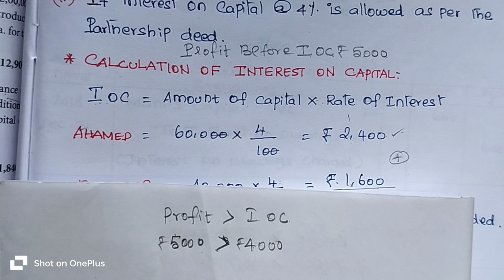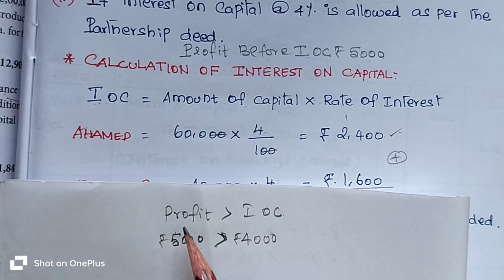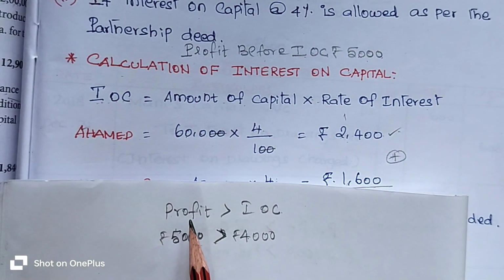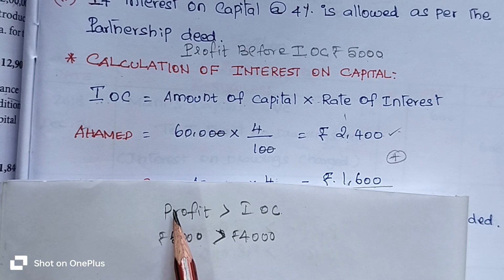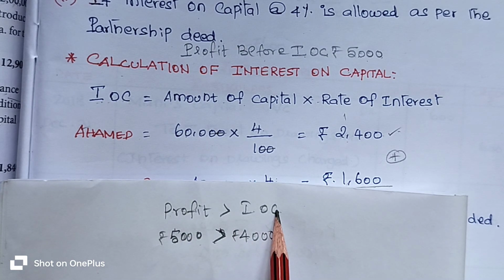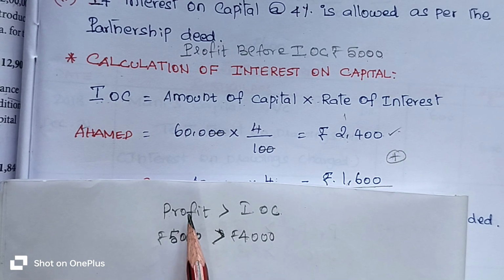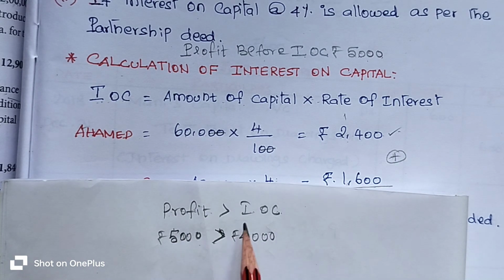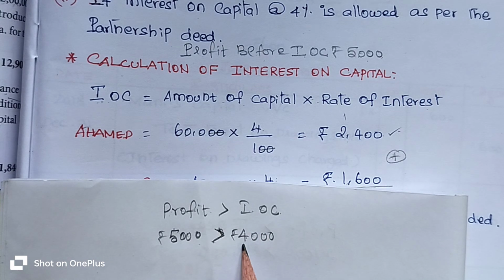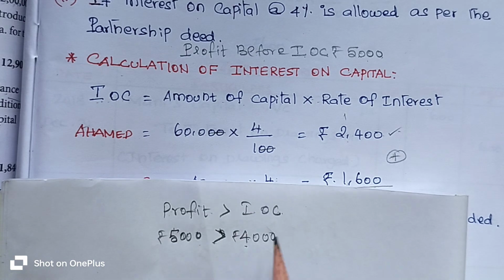So we have a rule. What is the rule? Before you distribute interest on capital, if the profit is more than the interest on capital, only then can you provide the interest on capital. So what is the profit amount? 5,000 rupees. How much is the interest on capital? 4,000 rupees. Total interest on capital is 4,000 rupees, right?